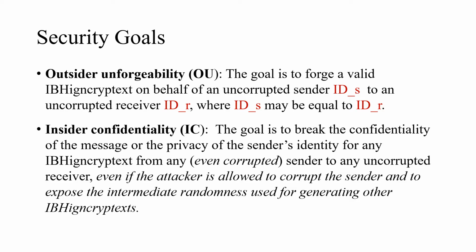The goal of outside enforceability is to forge a valid IB-HIGHcryptext on behalf of an uncorrupted sender to an uncorrupted receiver, where the sender and the receiver may be the same party.